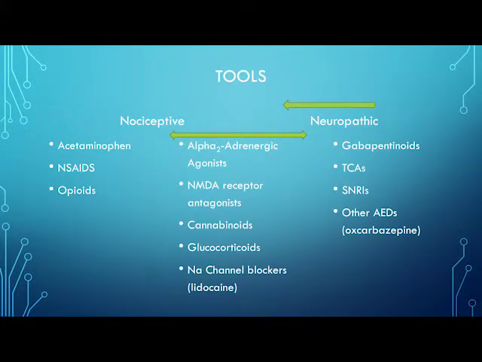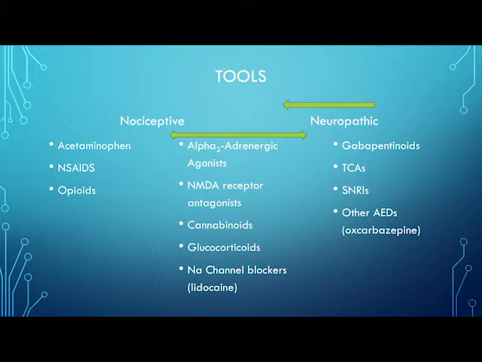So even though I just told you to be specific and treat things localized, it's also definitely true that combining analgesics works together better than any analgesic on its own. The whole is really greater than the sum of the parts, and this middle class, like I said, does have some coverage both in nociceptive and neuropathic.